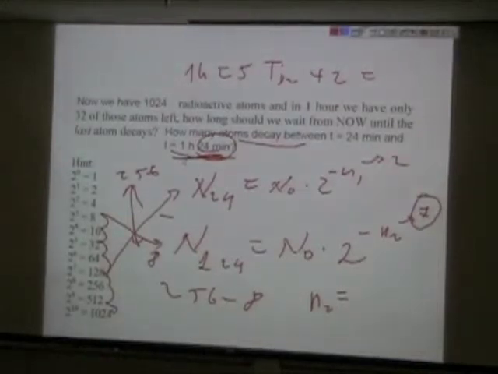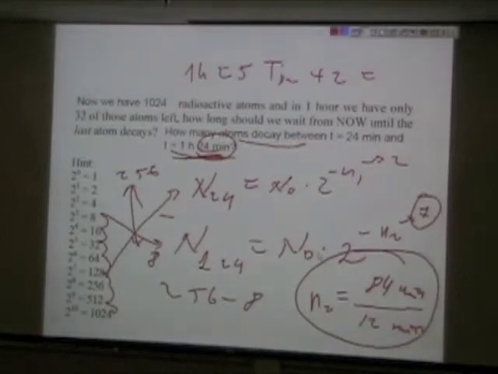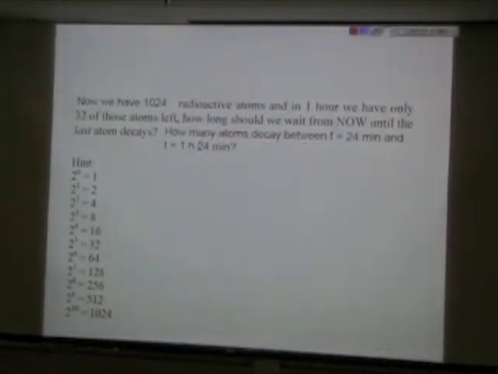So 1 hour 24 minutes is actually 84 minutes, and you have to divide it by 12 minutes, because this is the value of the half-life. Any questions?